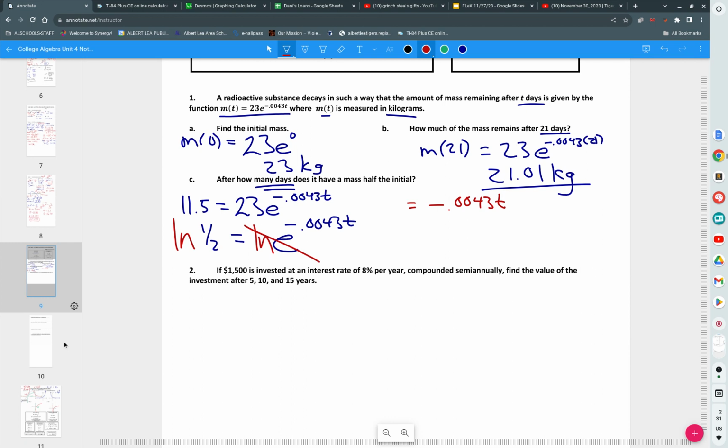Somebody on their calculator, natural log of 1/2. Negative 0.693. So I have negative 0.693 is equal to negative 0.0043 t. I divide both sides by negative 0.0043, and I get t is equal to, I think I remember from last hour, it was like 161.1? 0.2. 161.2 days.